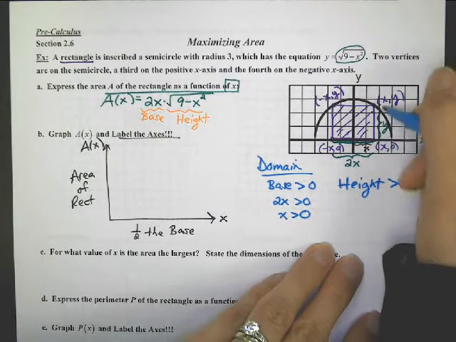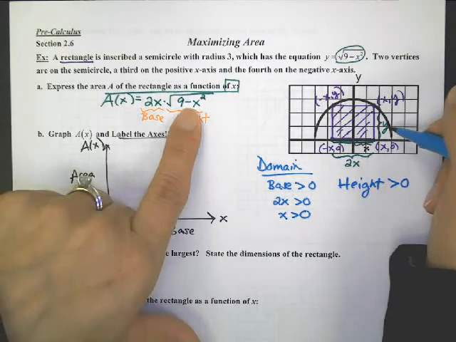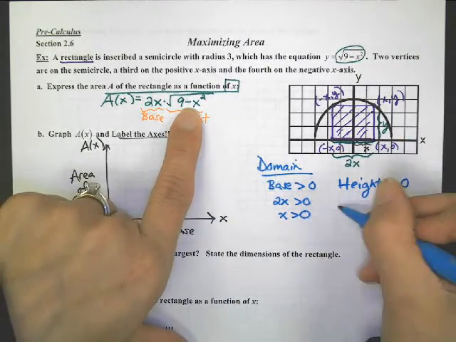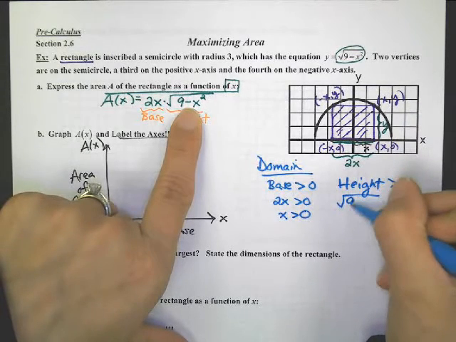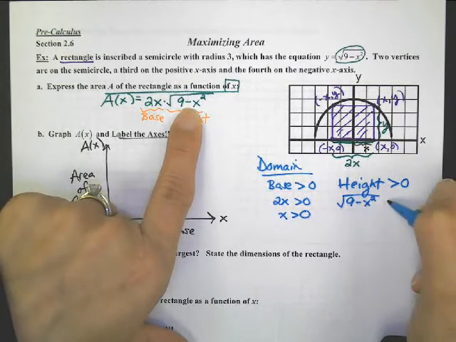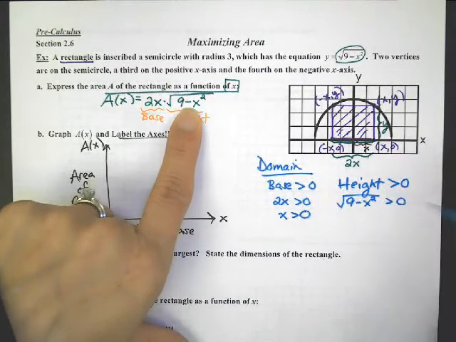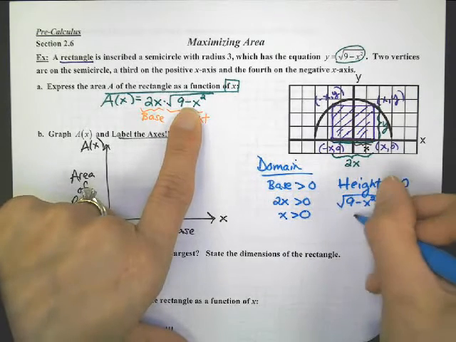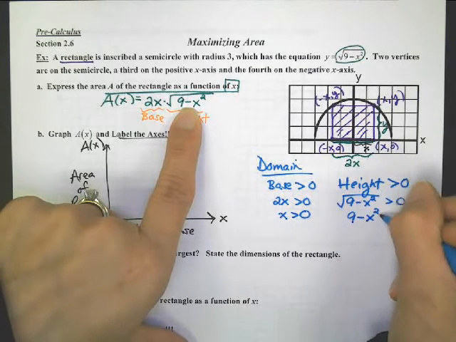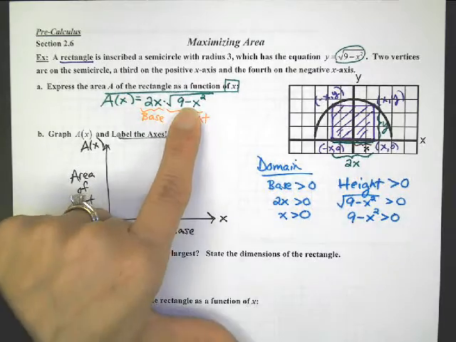And the height is y, which is that fun equation right there. The square root of 9 minus x squared has to be more than 0. Well, how is a radical going to be more than 0? Well, as long as the stuff under it is more than 0.